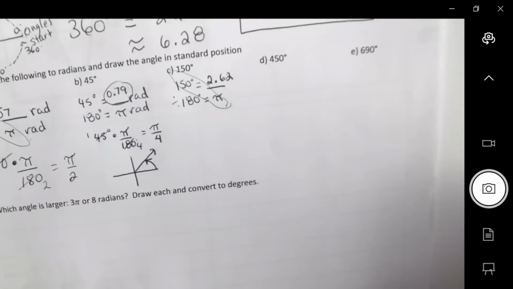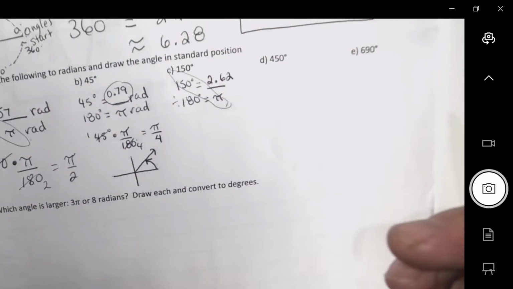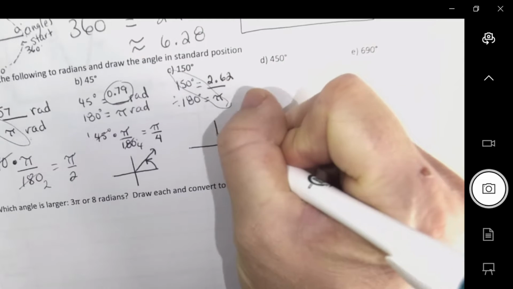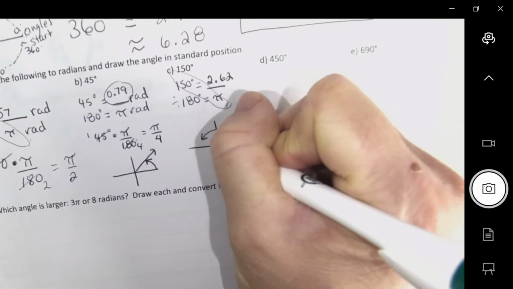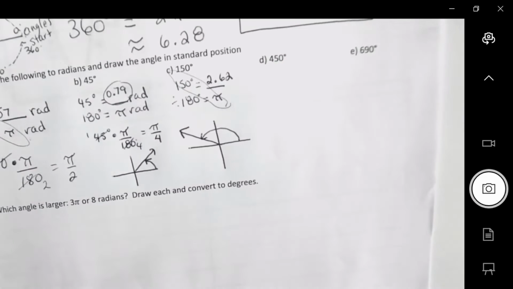Okay, 2.62. And if I'm going to draw that 150 degrees, we would be over there.